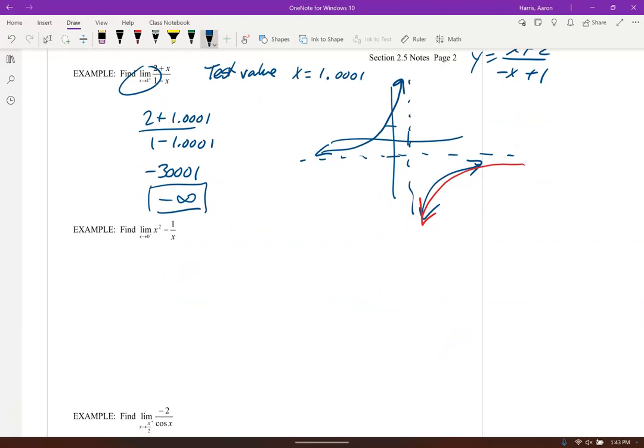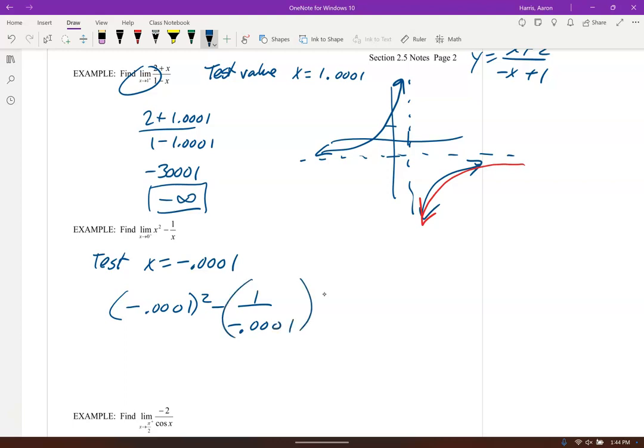Let's do this one. I'm going to approach, and again, notice I'm going to 0. This thing's undefined. I know I have a vertical asymptote here at 0. That's the whole issue with this. But can I test a value? Well, yeah, sure. Let's test 0 from the left. So let's do something really close to 0 on the left of it, like negative 0.0001. You plug that in: negative 0.0001 squared minus 1 over negative 0.0001, and that'll get you 10,000.